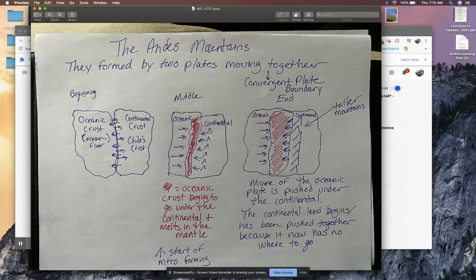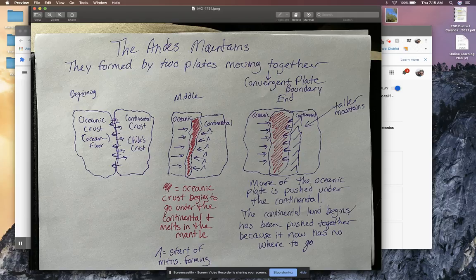I know my artistic skills are not very good, but in this case, they're still moving together. Now, what's really cool about this and why Chile and the Andes are so unique is because the continental crust has nowhere else to go. The continental crust can't push into the ocean floor.